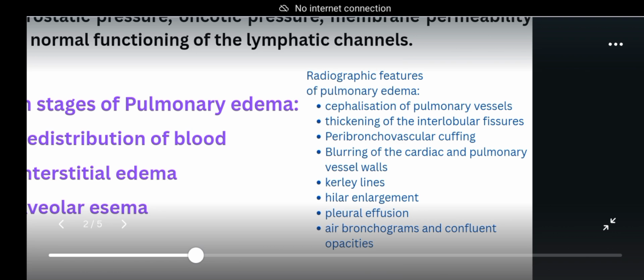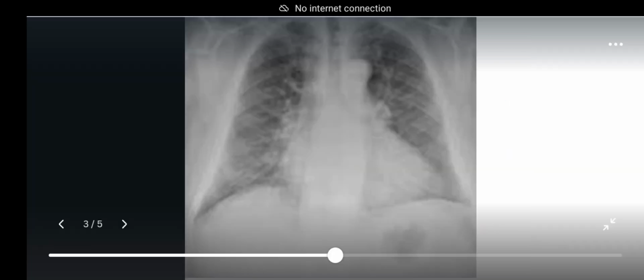So let's look at how to identify these features in the radiograph. Let's pick the first one, cephalization of the pulmonary vessel. When there is much blood in the pulmonary vessel, that is pulmonary congestion, blood pressure will increase and this will cause some of the fluid to flow out of the blood vessel to the space inside the lung.